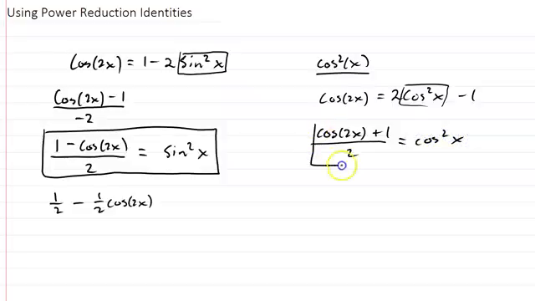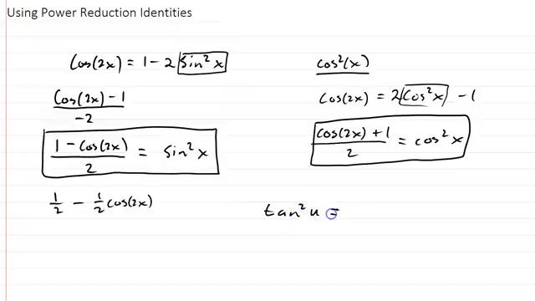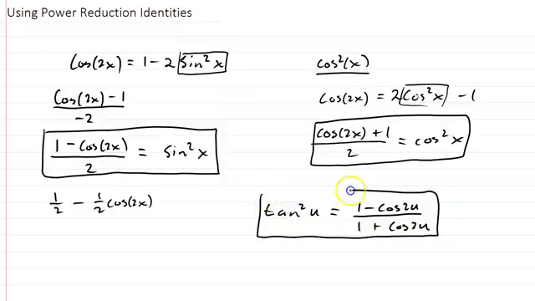Okay, that one was a little bit easier. No negatives involved. Alright, and the last one here, you could just write this one down: tan squared of u is one minus cosine of 2u all over 1 plus cosine of 2u. So if you encounter tangents, you could use that one right there.